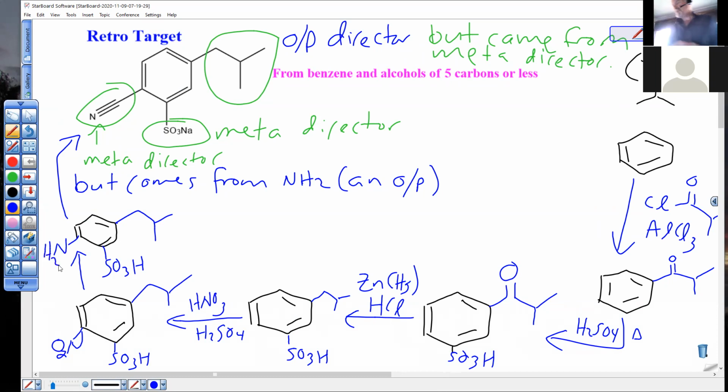How does one do such a thing? The safe one is H2 and platinum or nickel, one of the two. That won't reduce any of the other functional groups here. The isobutyl's already reduced. The SO3 can be reduced, but we're not going to even study that in this course. And this will take NO2 to NH2 if you're lucky in the lab.